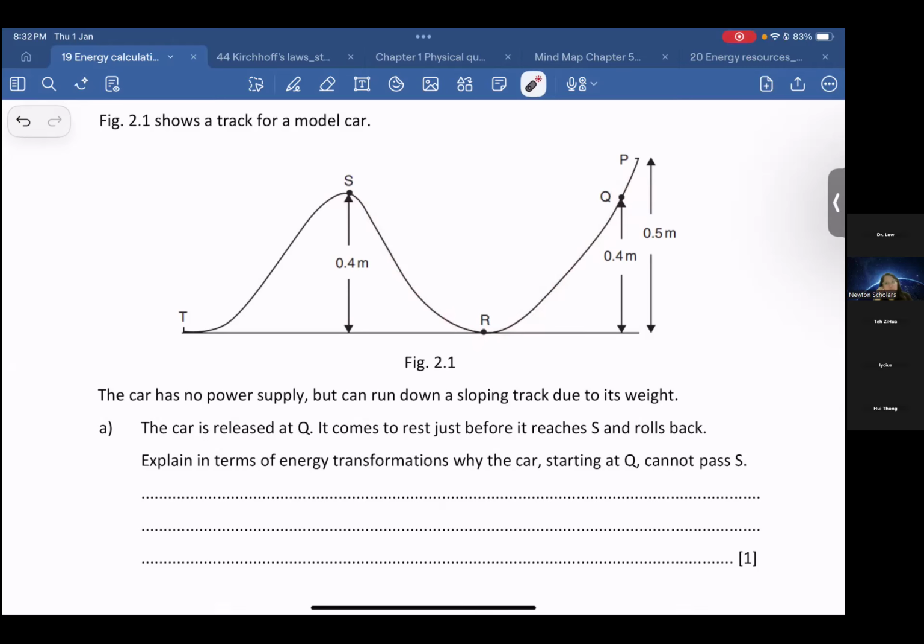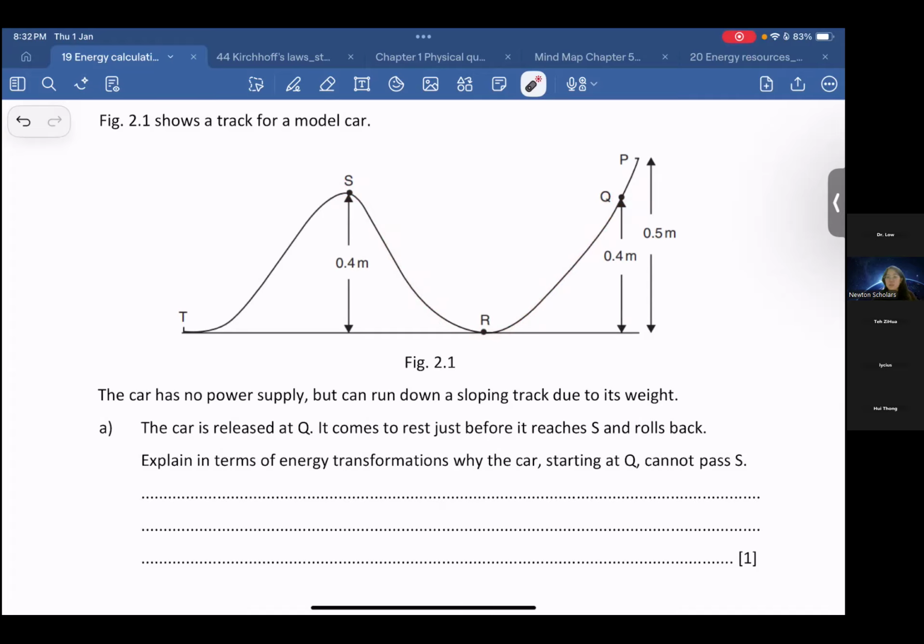Any of you got an idea why? From here, mgh, then it goes down and comes to S. But in real life, it is not like that. It does not reach point S. It stops somewhere here and then rolls back. Why? In terms of energy, what happened to the energy?